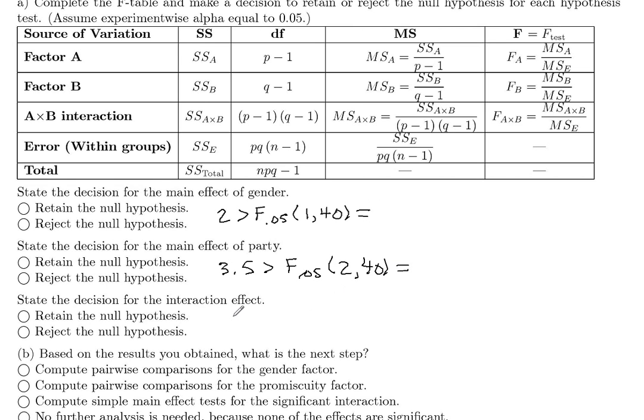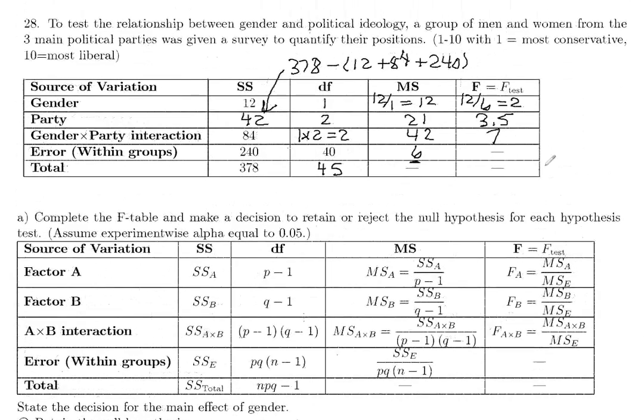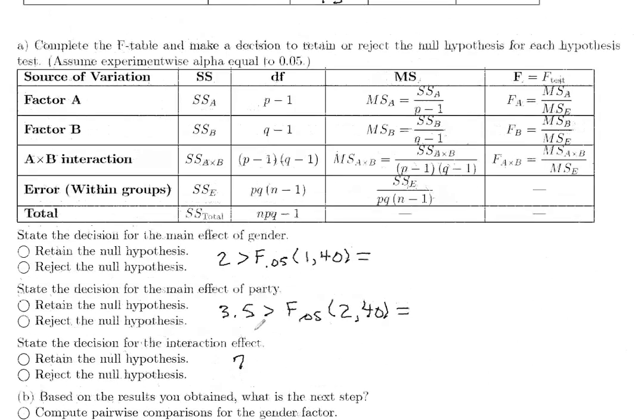And then that last F value was 7. So I'm doing these, 2, 3.5, and 7, and testing to see if each is greater than the F critical value for 0.05. And then our degrees of freedom are 2 and 40 again. So that's degrees of freedom for the interaction and for error.